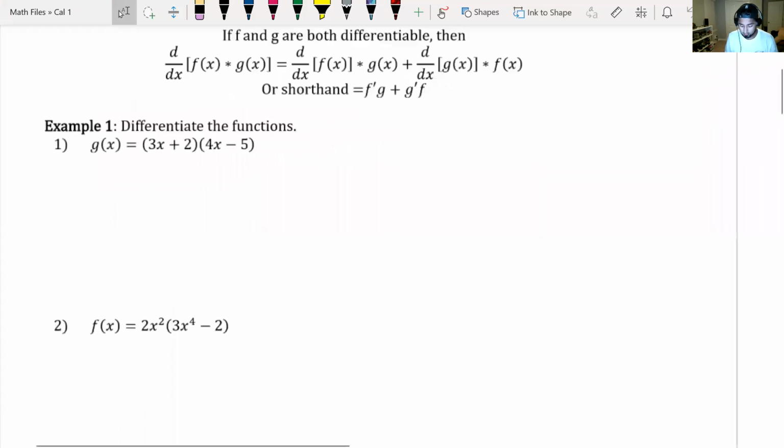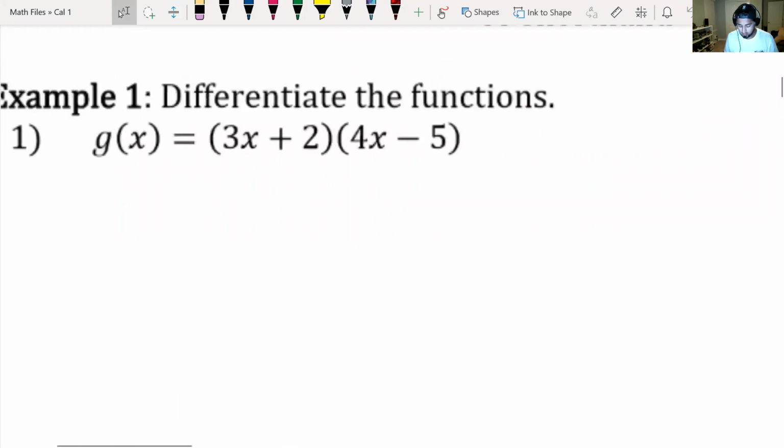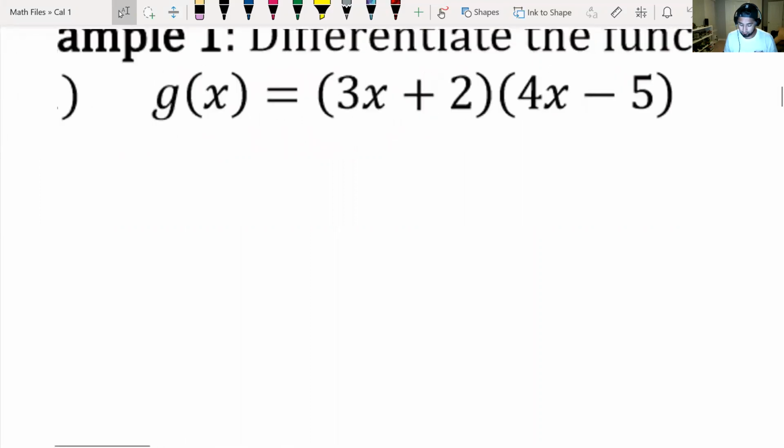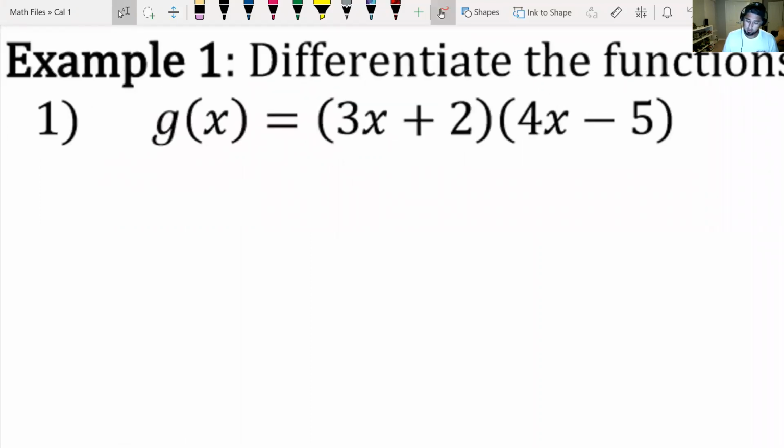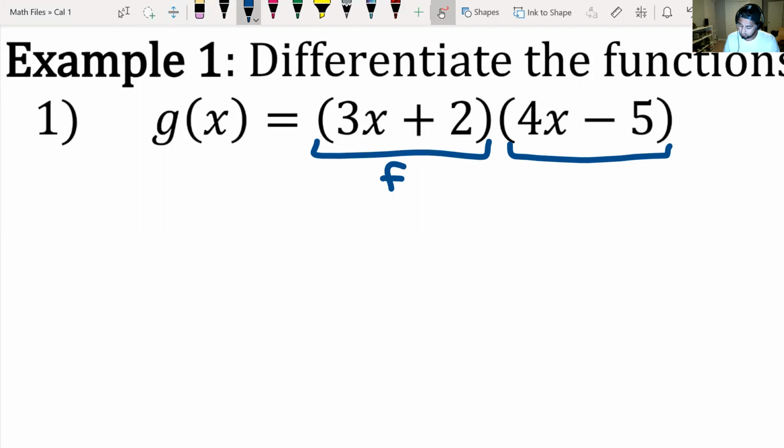All right. So the way to do product rule is label your function f and label your function g. So here's f, and there's g.